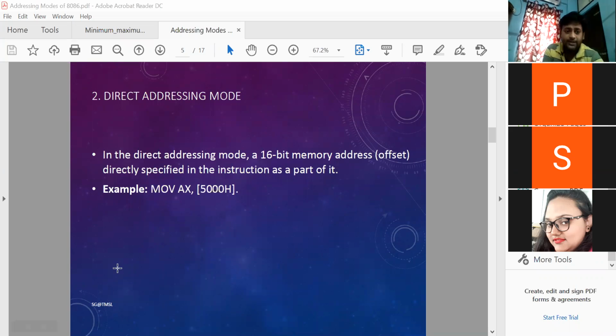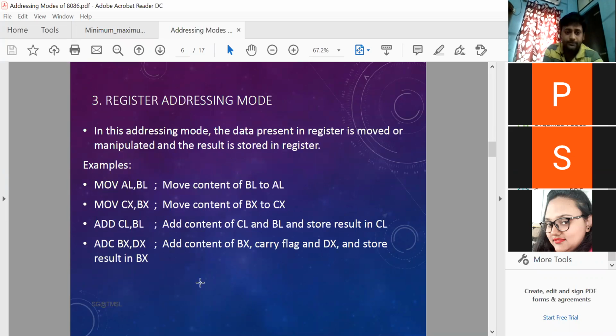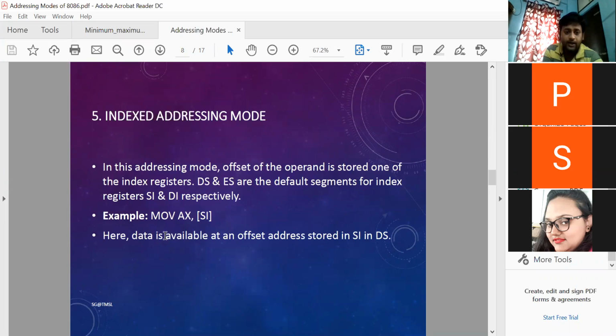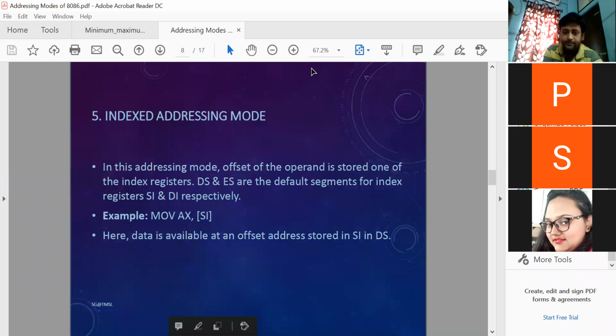For the fifth one, in this example, if the DS segment is used as your segment register, segment address DS, and assume DS is equivalent to 3000, and SI, which is used as your offset register, is 1000.